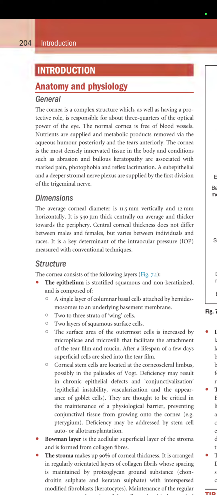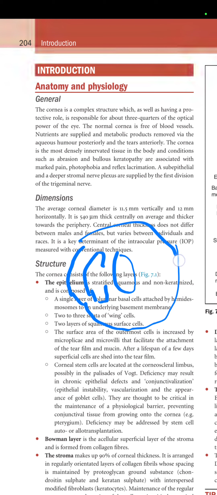What does it mean? So, normally the cornea, and there is a lens behind the cornea, and there is a retina. So what happens is that the light refracts at the cornea and then refracts at the lens, and then they form a point on the retina.